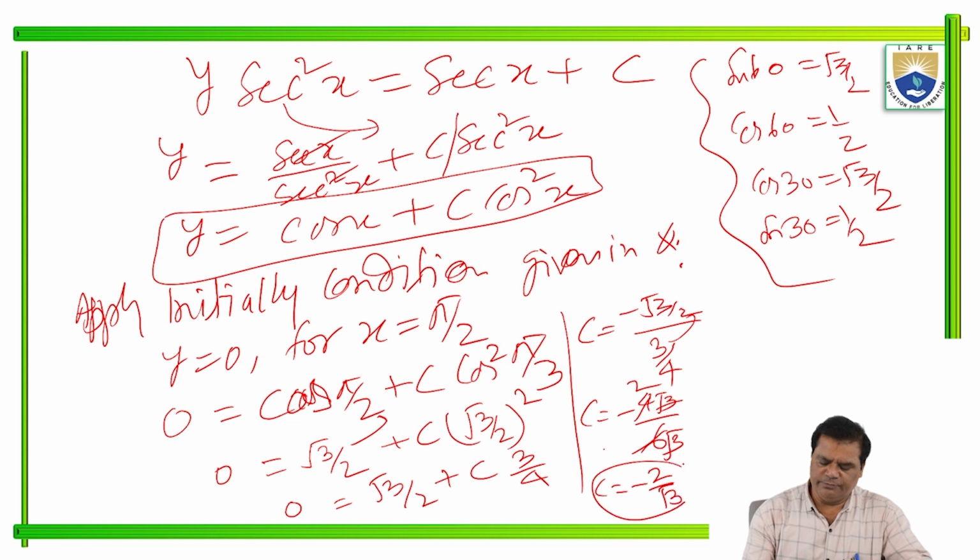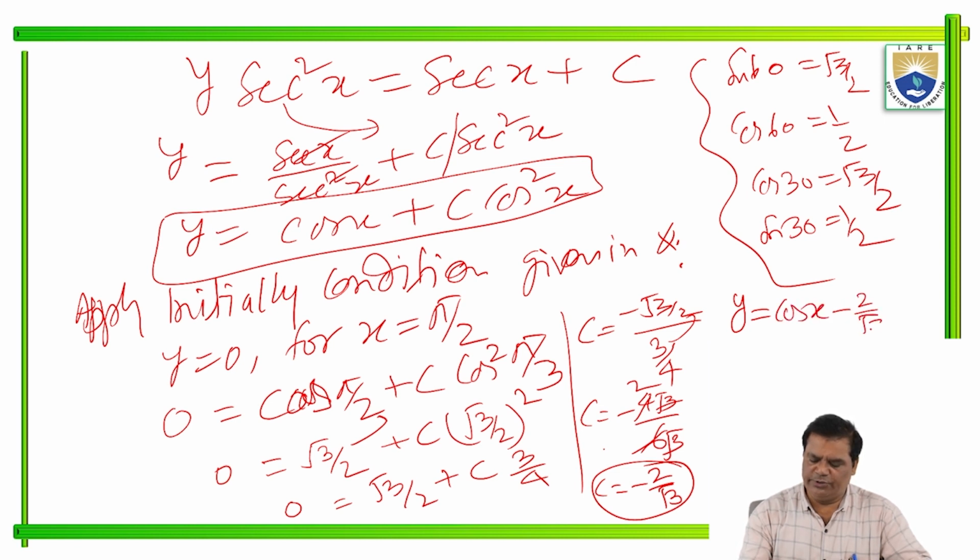This is the value of c. Putting this in the solution, we get the complete solution of this equation. Here y is equal to cos x plus c cos square x, with c equal to minus 2. This is the answer.